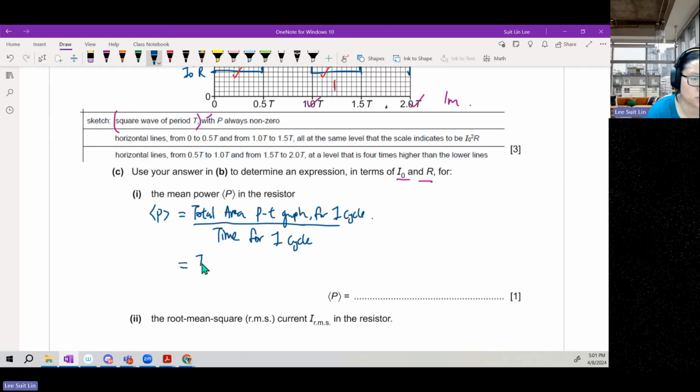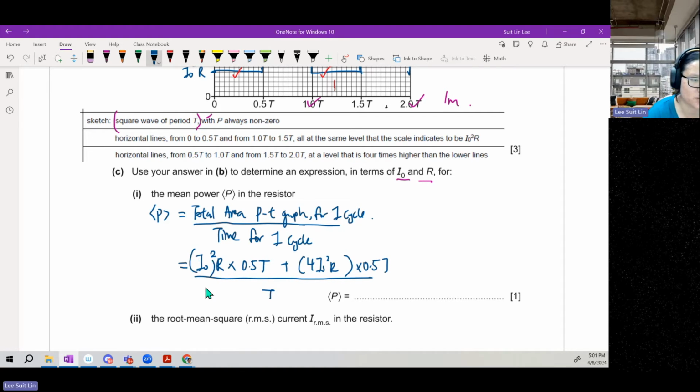So this one is I0 square R times 0.5t plus 4 I0 square R times 0.5t, divided by the time taken for 1 cycle, t.